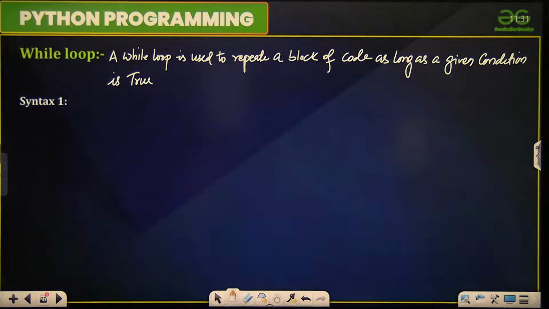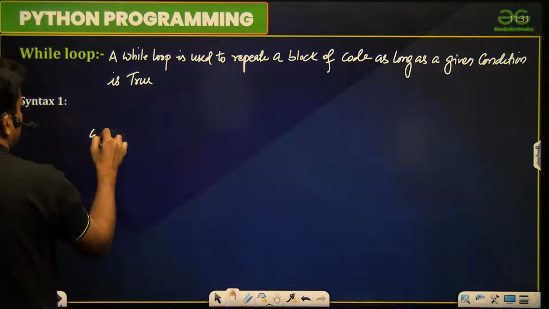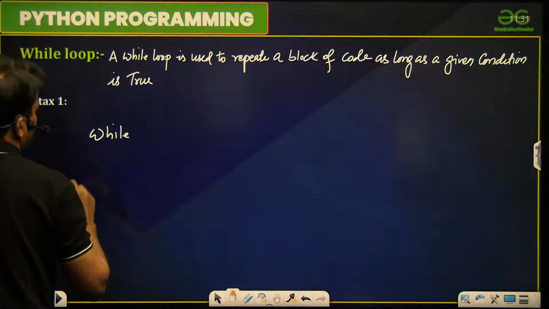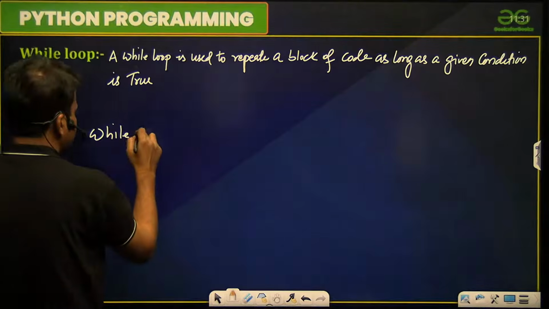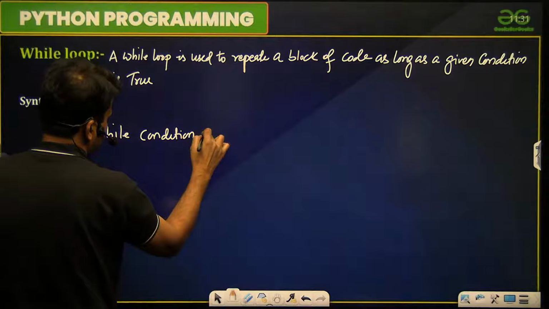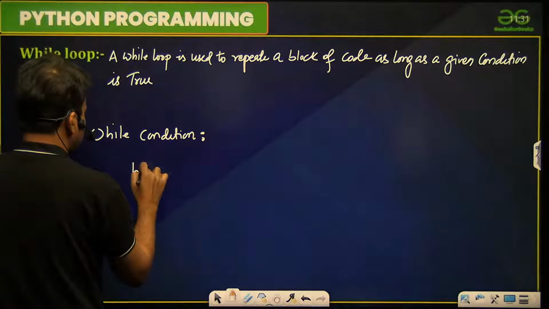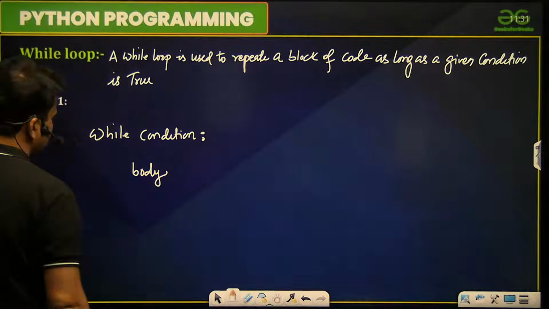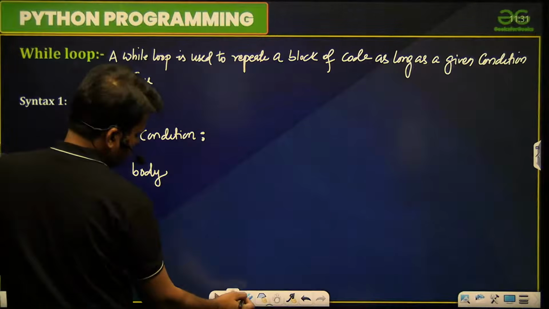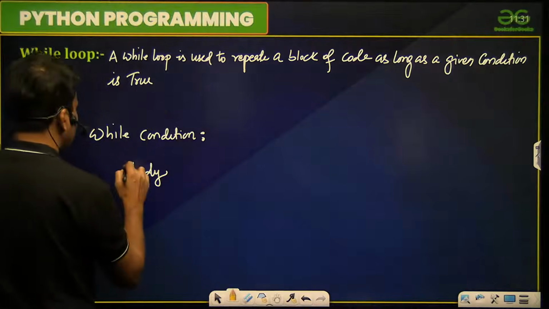So what is the syntax of the while loop, students? Write here the while keyword, condition, and this is the body of the while loop. What is the flow of this while loop?